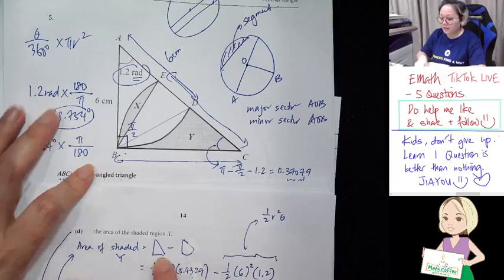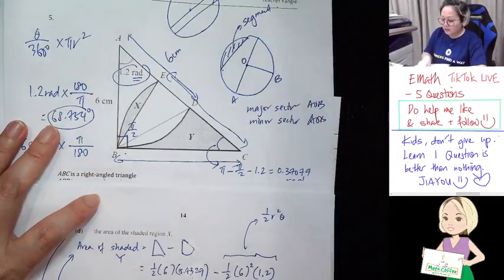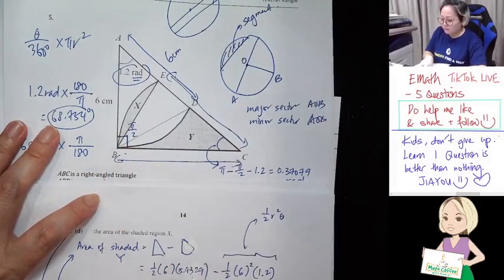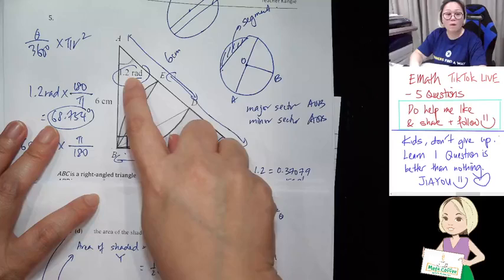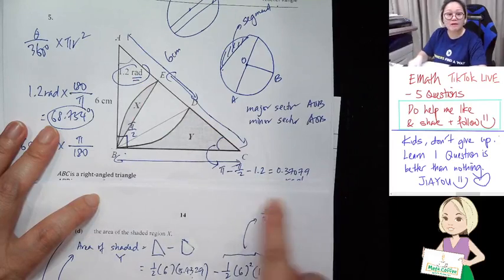The big triangle is half times base times height. That's why it's half times 6 times this one. That's the big triangle, minus the sector. Because I have 1.2, again I'm going to use half r squared theta.